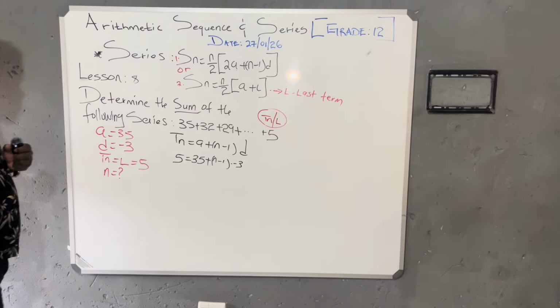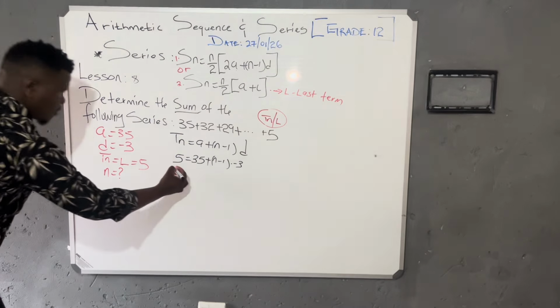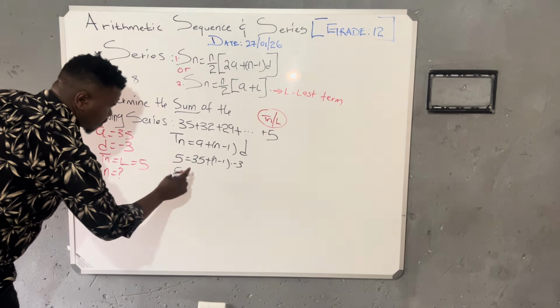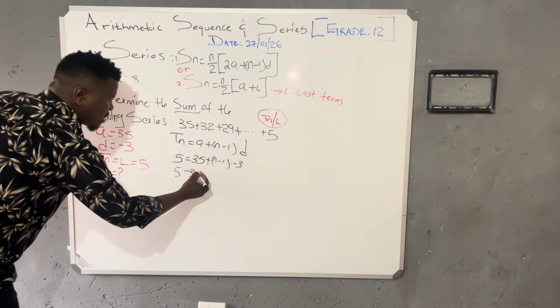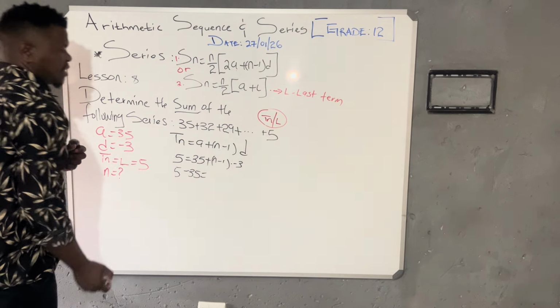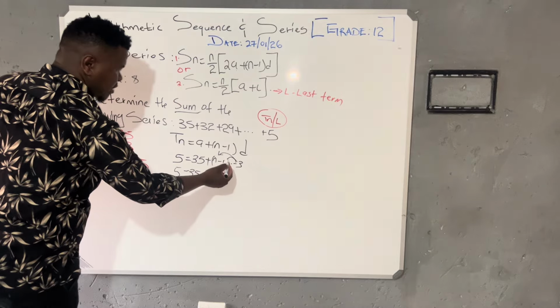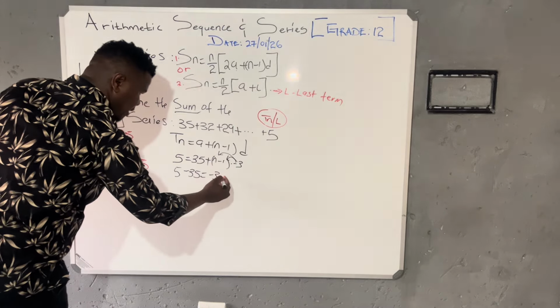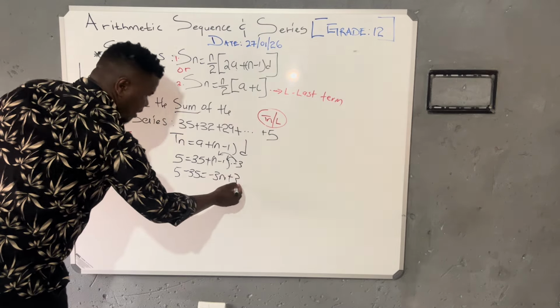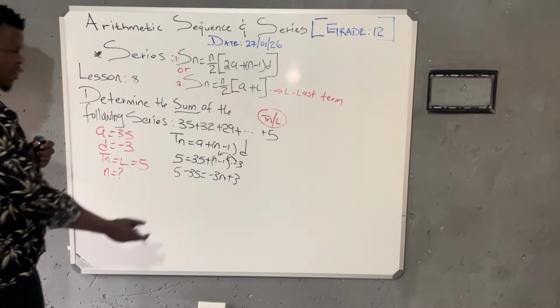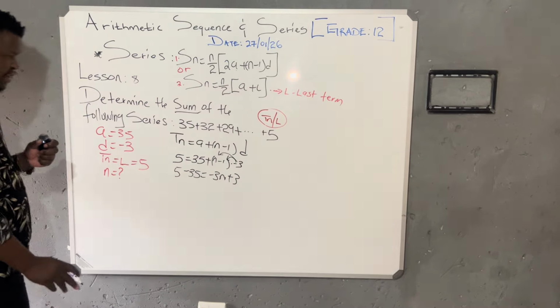Now let's do maths. Let me transpose 35 just to simplify things. So n multiplied by that, I'm going to have negative 3 and positive 3. We came across something like this on the previous lesson.